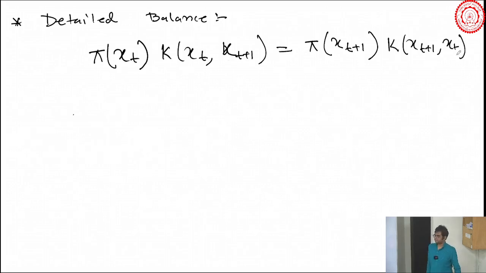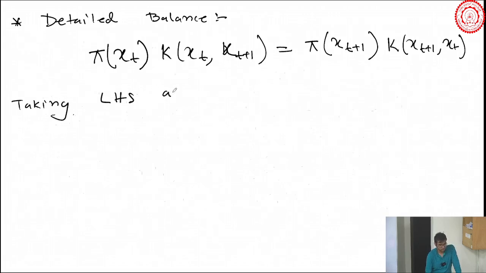So this is the detailed balance condition. Let us take the left hand side, substitute that k, and see if we can arrive at the right hand side. Taking LHS and substituting k, what do we get?